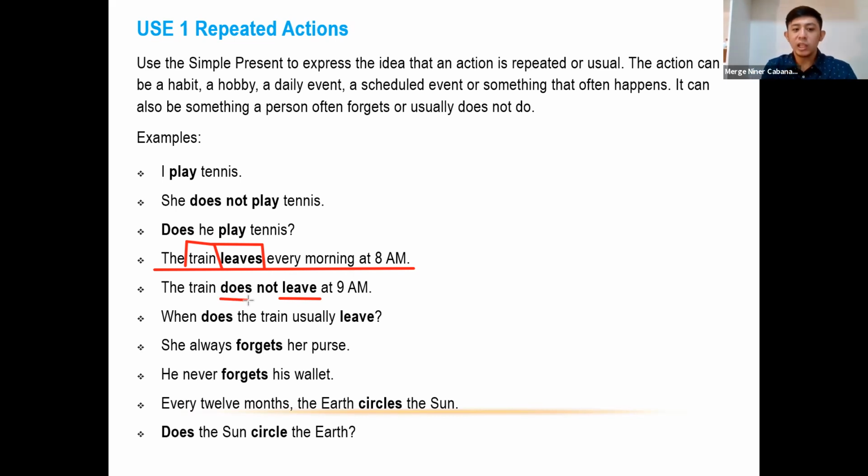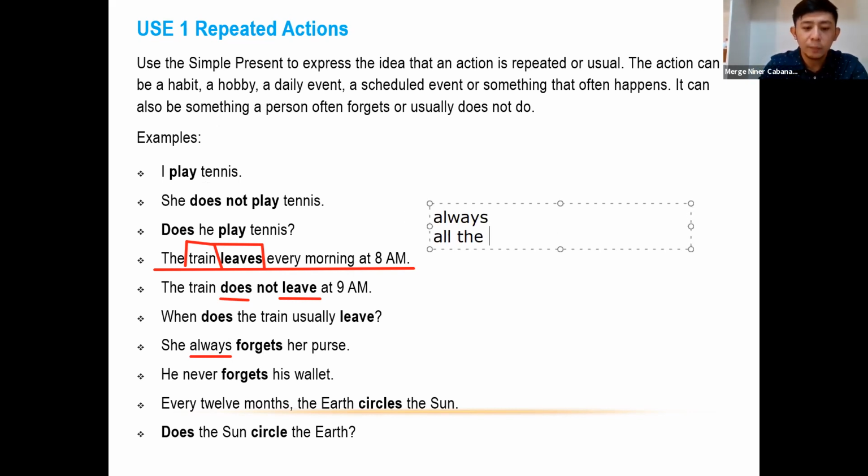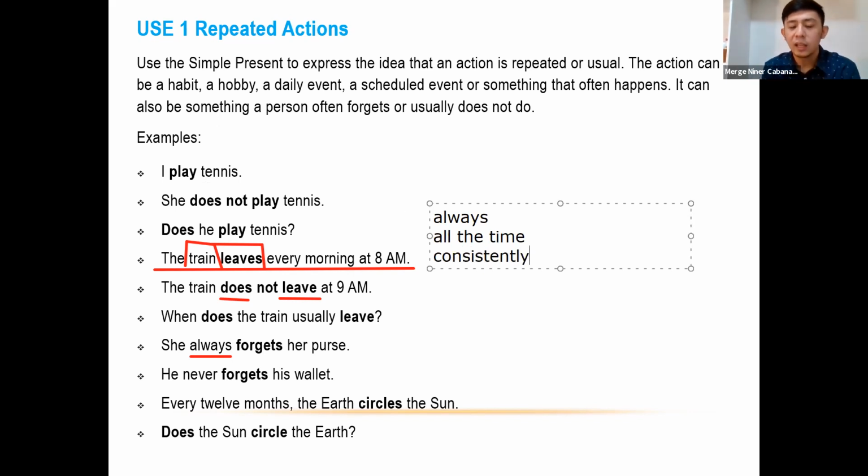So, she always forgets her purse. Always, take a look at that. It is constantly happening. If you are going to use keywords like always, all the time, consistently, it means that you are referring to a habit, a hobby, or an activity that occurs very often.